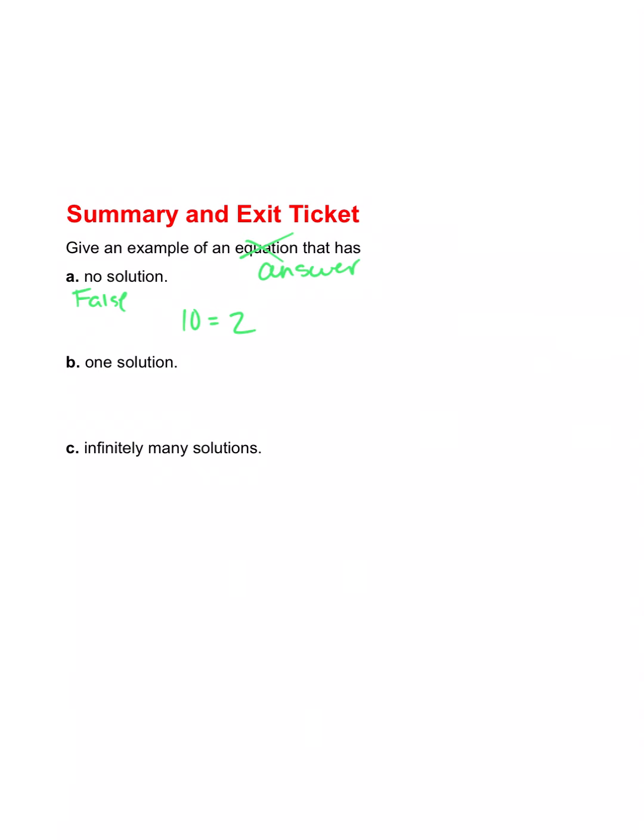One solution is the questions that we've kind of been doing. When you end up getting x to equal 3, that's one solution. Those are all the types of problems we have done up until this lesson. And infinitely many solutions would be when like 7 equals 7, or 2 equals 2, or 4 equals 4. That's when you get a true statement.